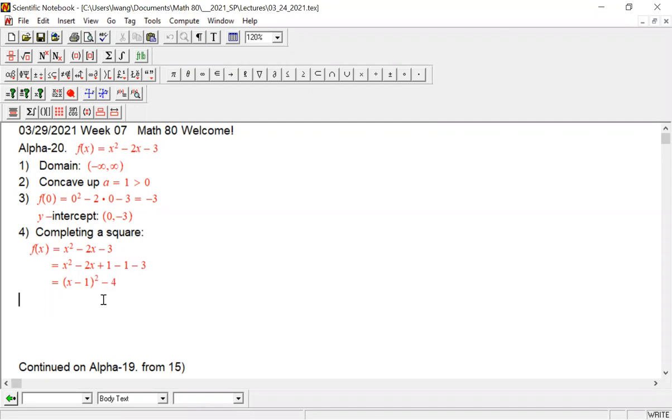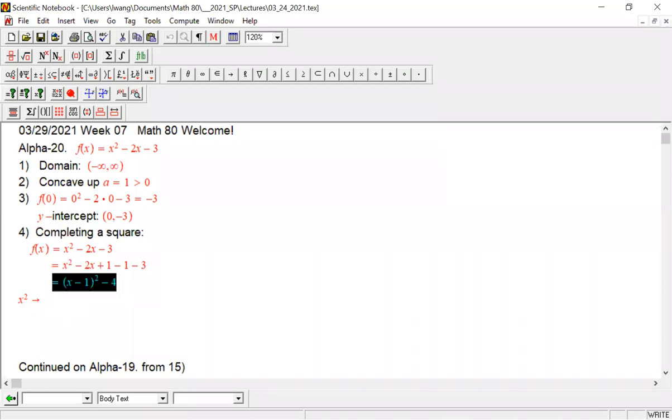Okay, so can we identify the vertex? Can we draw the picture from x squared?